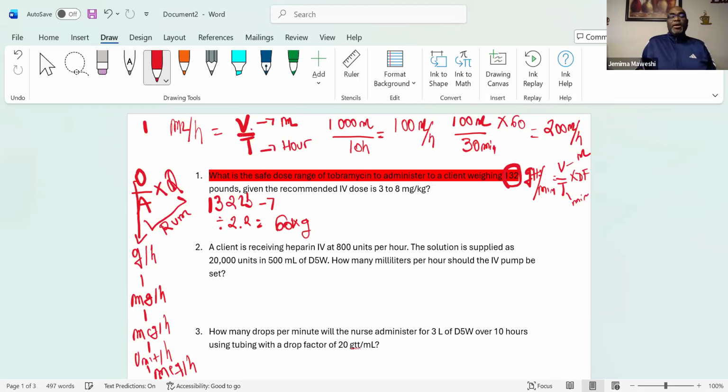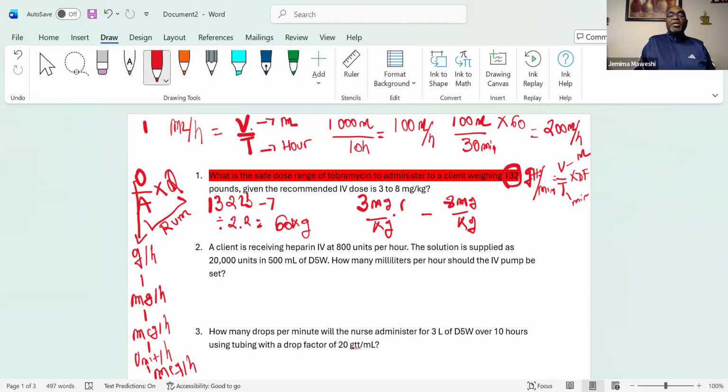All right. Now, remember, your safe dose range is for each kilogram, you are giving 3 milligram to 8 milligram. So it means we're going to get the kilogram and multiply over there. So this is like this, 3 milligram per kilogram to 8 milligram per kilogram. Because our safe dose range has to be in milligram, this is for 1 kilogram, they are giving 3 milligram.